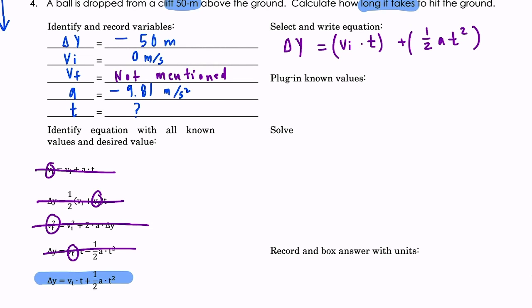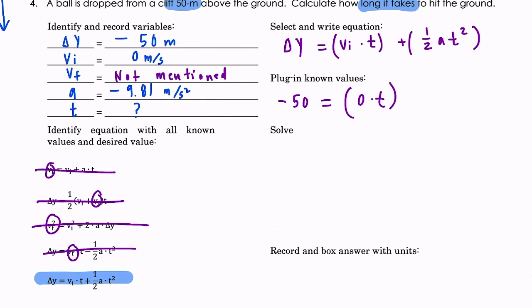Now we can plug in our values, delta y, -50, and I'm going to leave units out for now because it makes it a little cleaner. It's actually not the best practice, but when we're learning, I think it makes it easier to follow. vI, 0 times time, which is what we want to know.